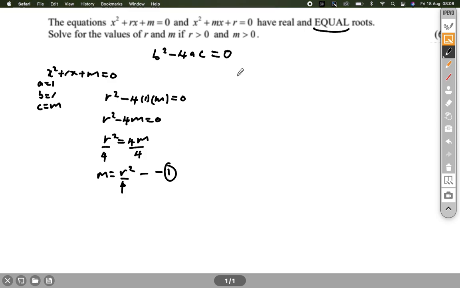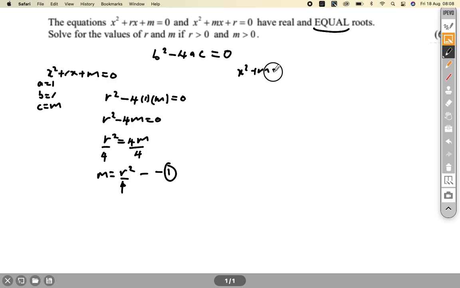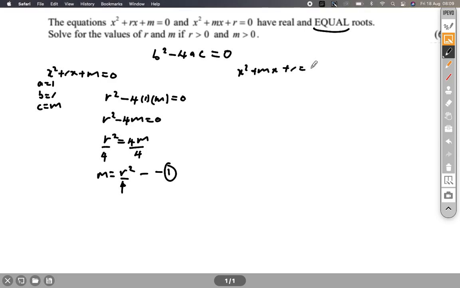And then now we have to do the same thing for the second one. So let's identify A, B, and C. Our A is 1 again, our B is m, and our C is r. Now we substitute.